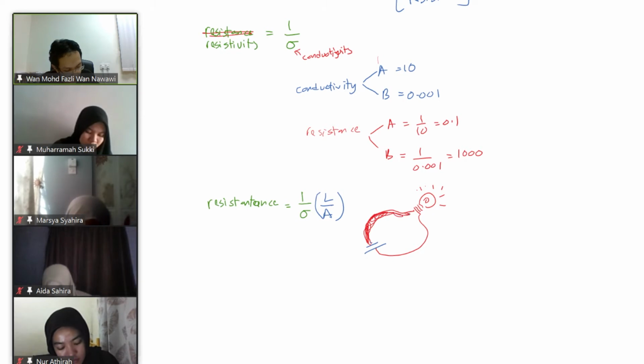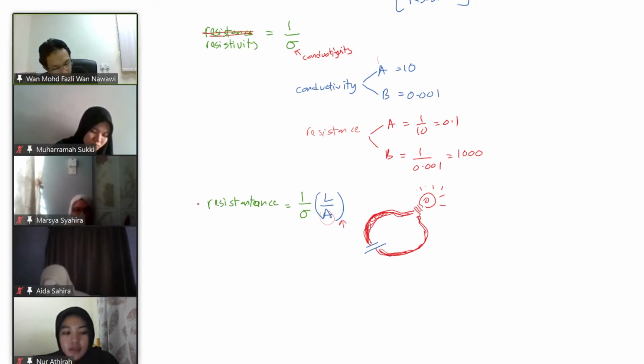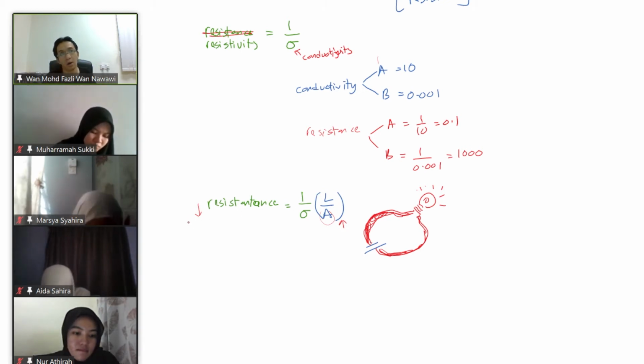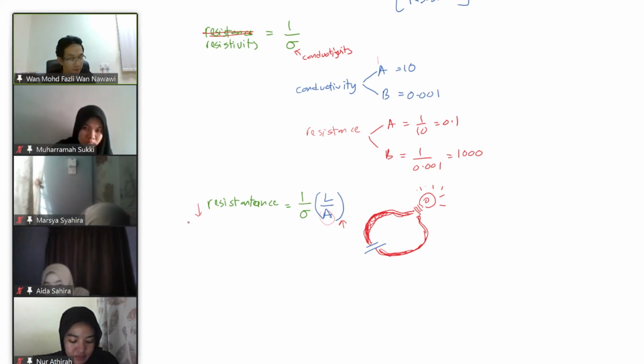If the wire is thick, it means the area is high. When the area is high, the resistance will be low, because you see the equation. When something doesn't resist, the electricity can flow very well. So you get a higher conductivity.